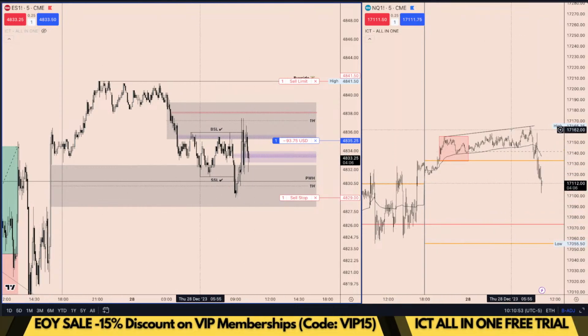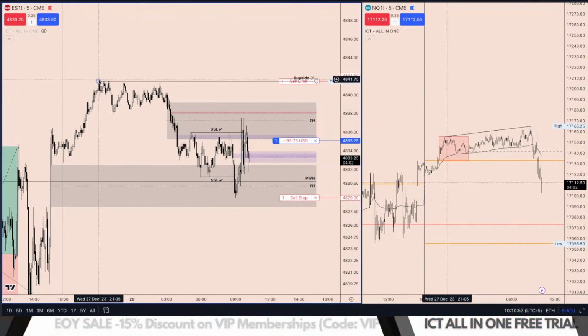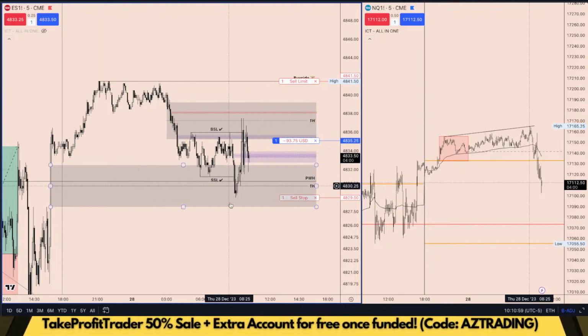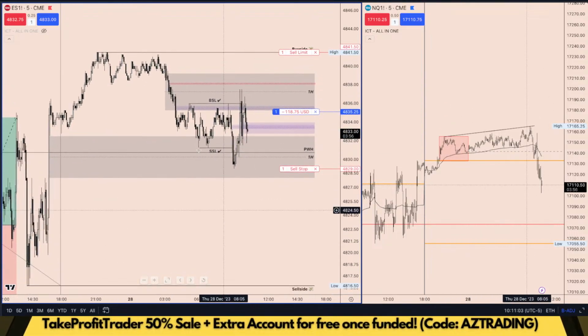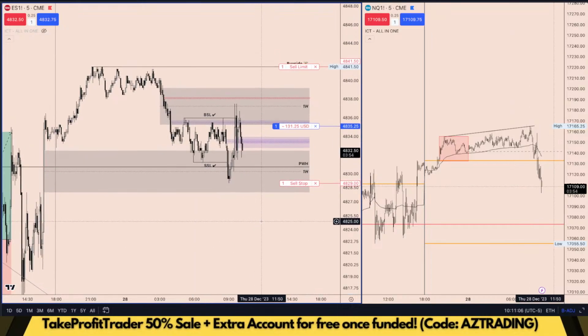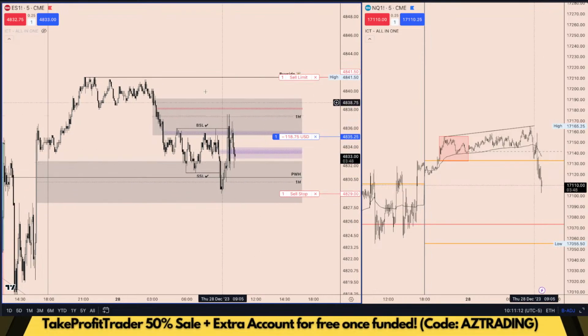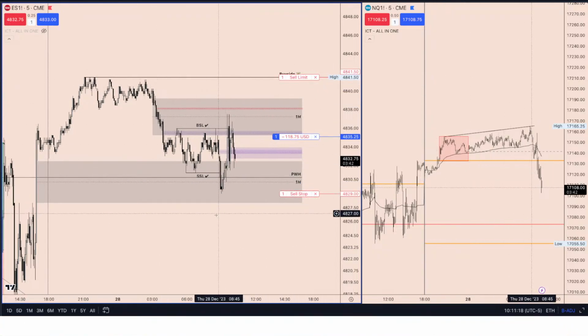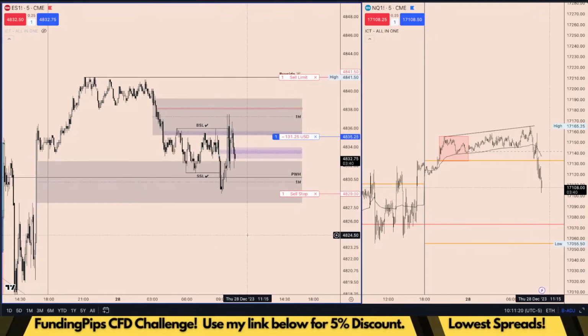With the only difference that NQ already formed a new high of the day after this Asia session high right here, and ES didn't really. So of course ES could also just simply continue lower, but I don't know. I still have that little feeling that we could run into this equal high buy side, since we've already retraced into our 1 hour bullish value gap and moved away from it with momentum, I'd say.